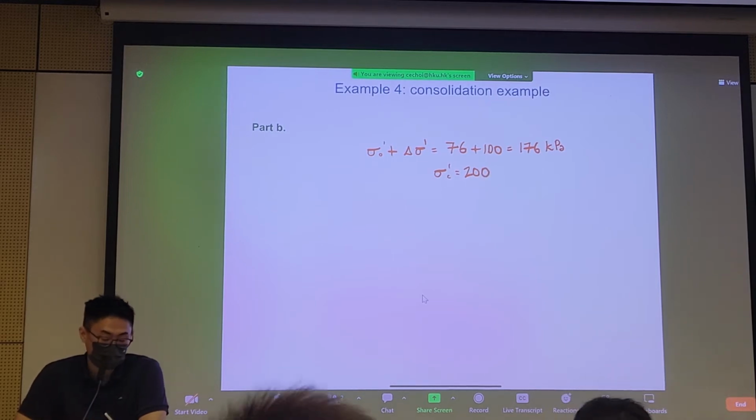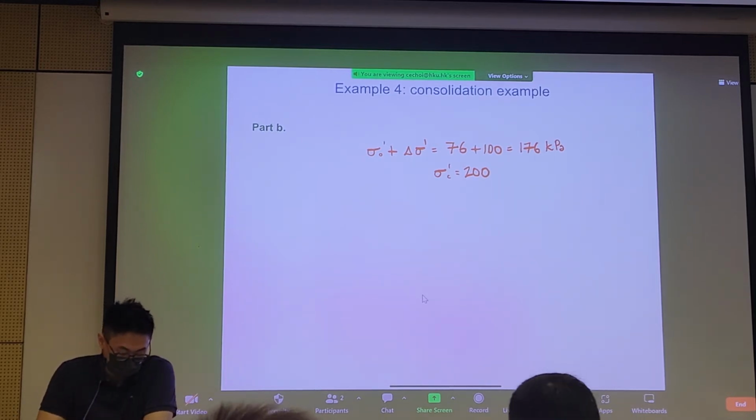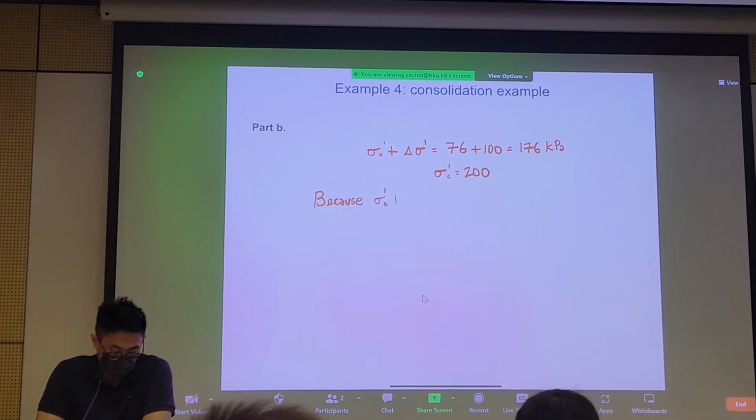So we know we're over consolidated, right? Because it's less than the pre-consolidation pressure, we know that we are on the swelling or the loading unloading curve.